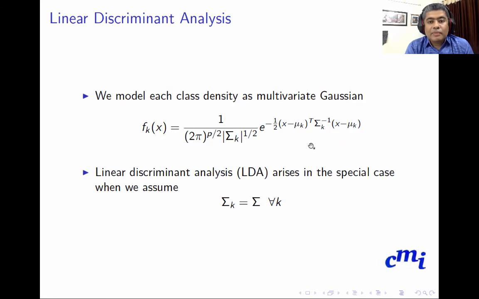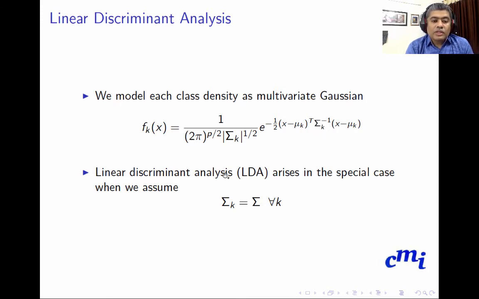And this is the simple PDF of the multivariate Gaussian distribution. You can take it from any standard textbook. Now you can see in this multivariate Gaussian distribution there are two sets of parameters. One is the mean parameter, another is the covariance parameter.